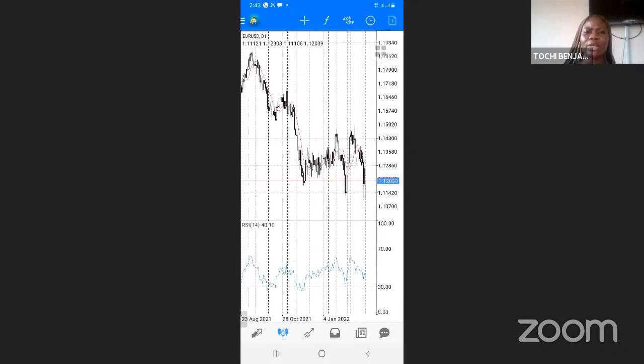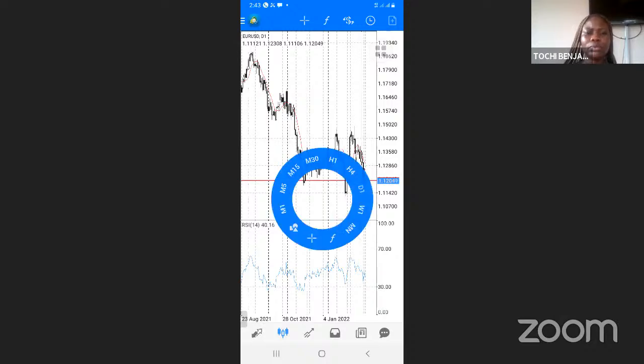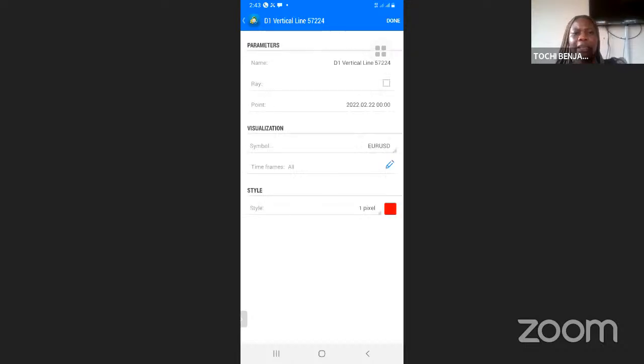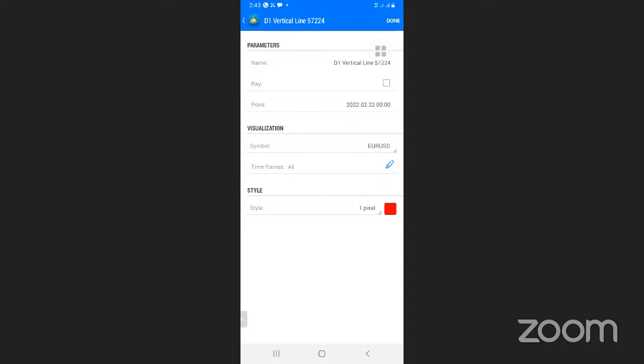You picked a vertical line. No, I said a horizontal line. So go back. First of all, let's delete this first, so we will not have a crowded chart.